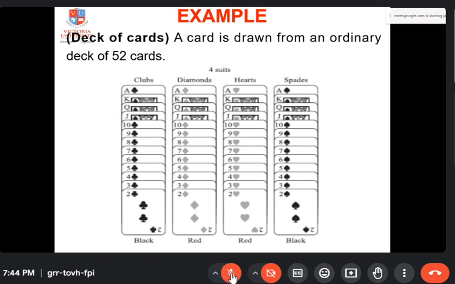No, because we said that every suit has 13 cards. We have 13 clubs, 13 diamonds, 13 hearts, 13 spades. And then we said that every suit has 3 picture cards: a K, a Q, and a J. And we said the total is 12 picture cards.